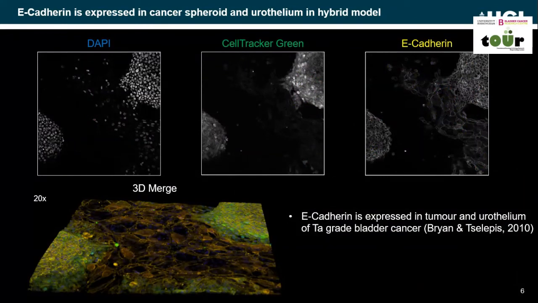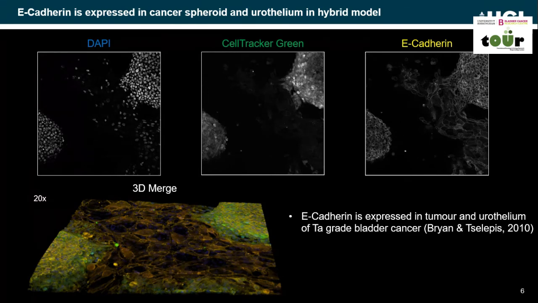There's a phenomenon in bladder cancer where more invasive bladder tumors go through cadherin switching. As we have only the urothelium, we can only say this is a model for TA grade bladder cancer. In TA grade bladder cancer, E-cadherin is expressed in the tumor and the urothelium.